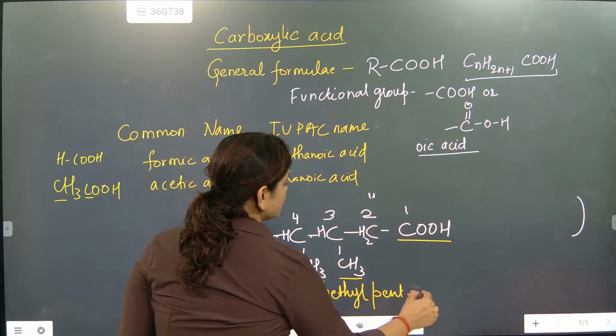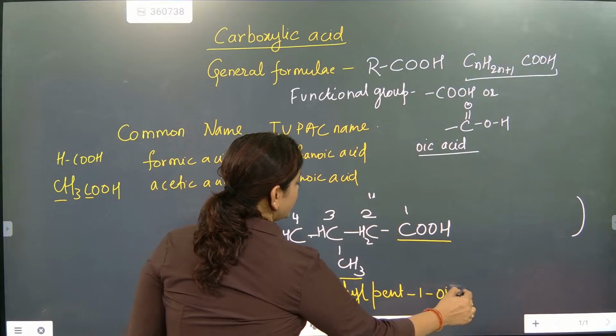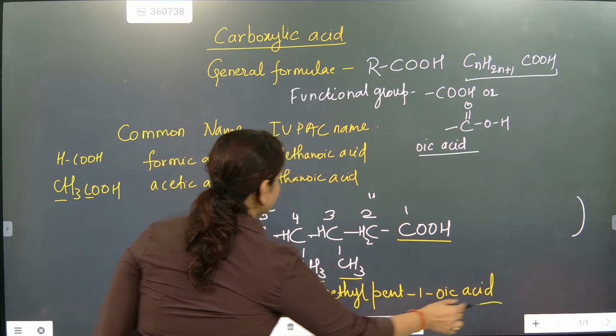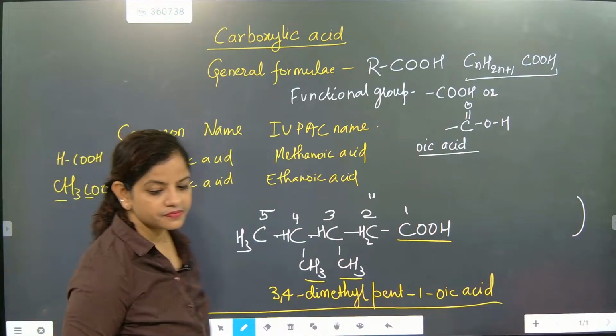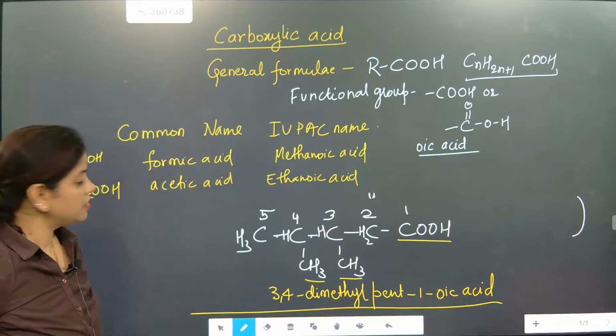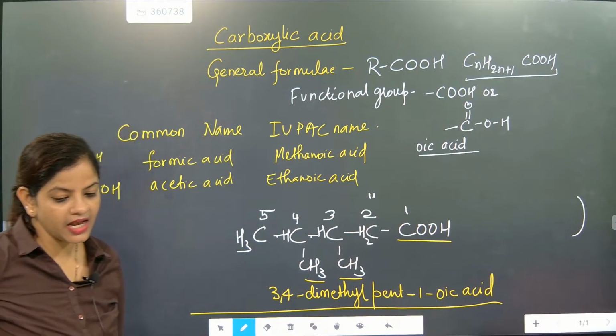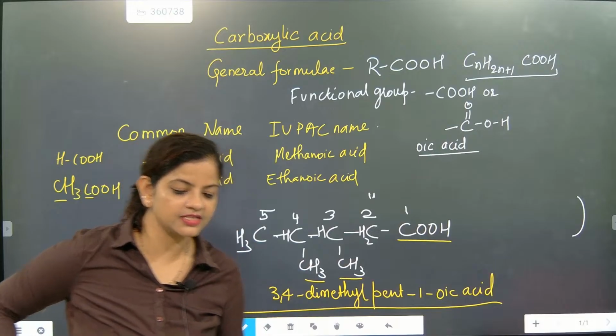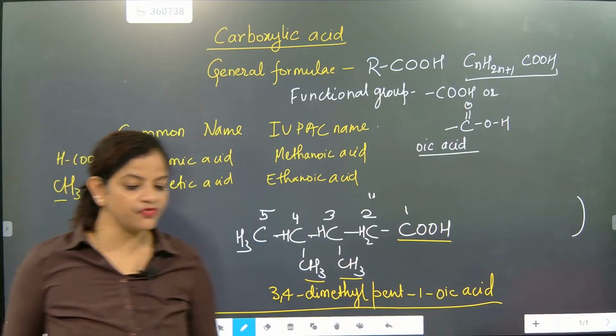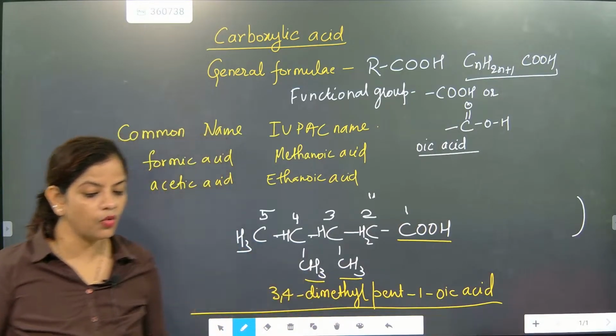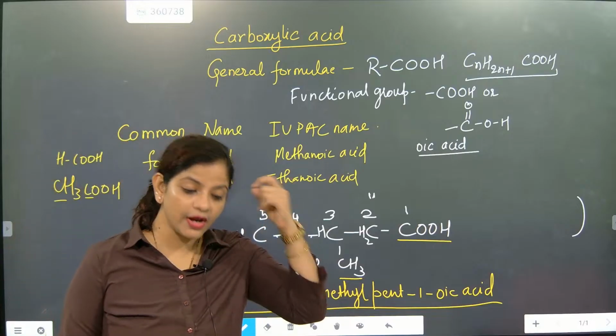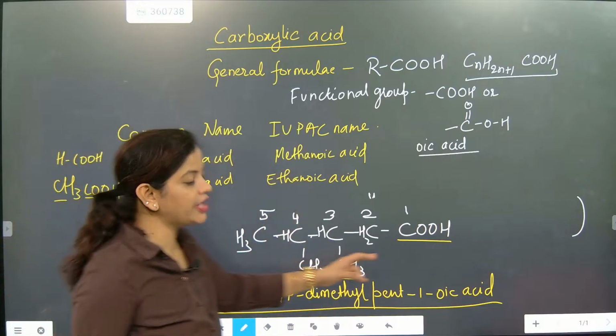Pentane 1 oic acid. Understood? 3,4-dimethyl pentanoic acid, and to be very specific, pentane 1 oic acid, beta, that will be more accurate.